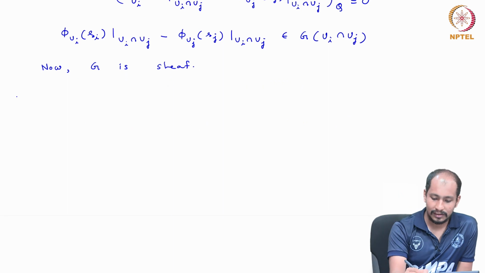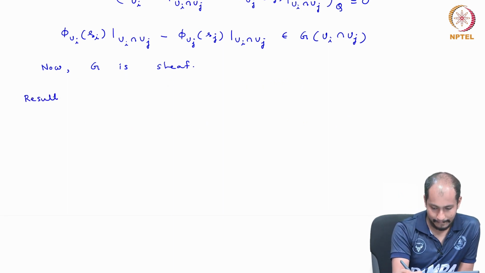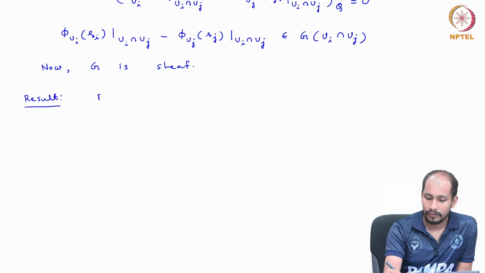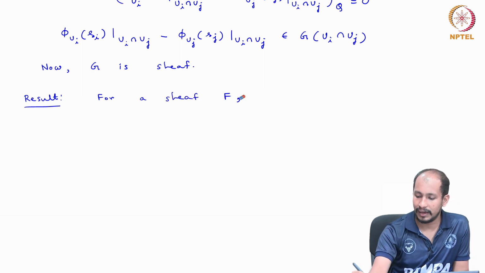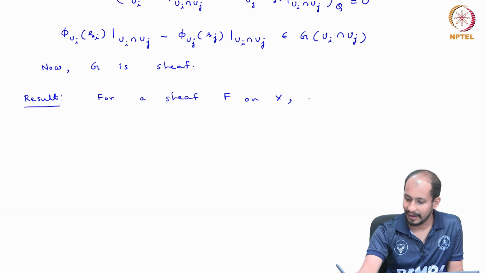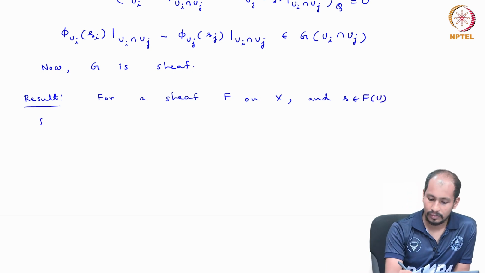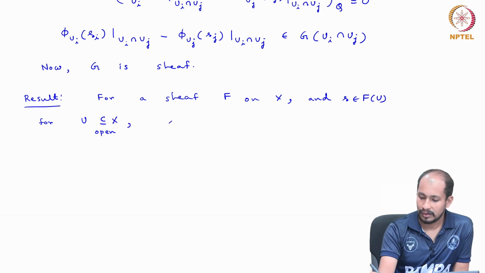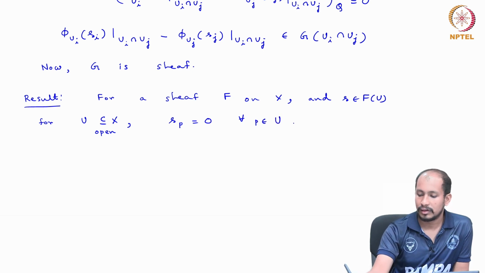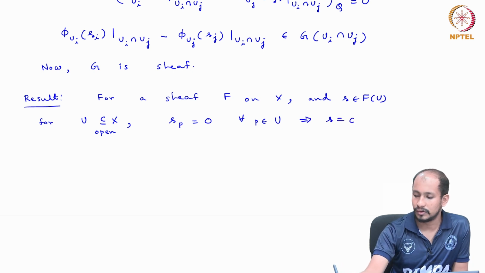Now, I will use a result for a sheaf, say F on X: if s is inside F of U for some open subset U inside X, and s_p equals 0 for all p inside U, this implies that s equals 0.